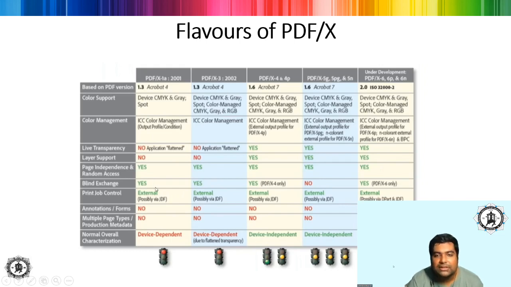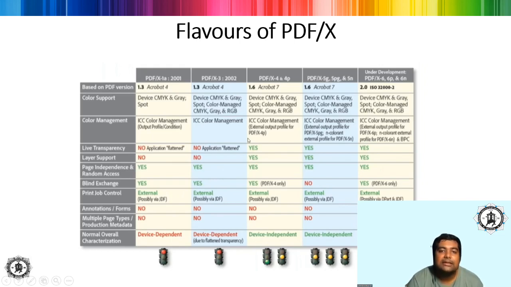Blind exchange, obviously, all of them will have blind exchange purposes, except for PDF X5, which has a very specific reason for using. External print job control, that means job data, metadata, whether it can be allowed externally or not. No annotations, no multiple page types, metadata is not allowed. Characterization, these are device dependent data, right?